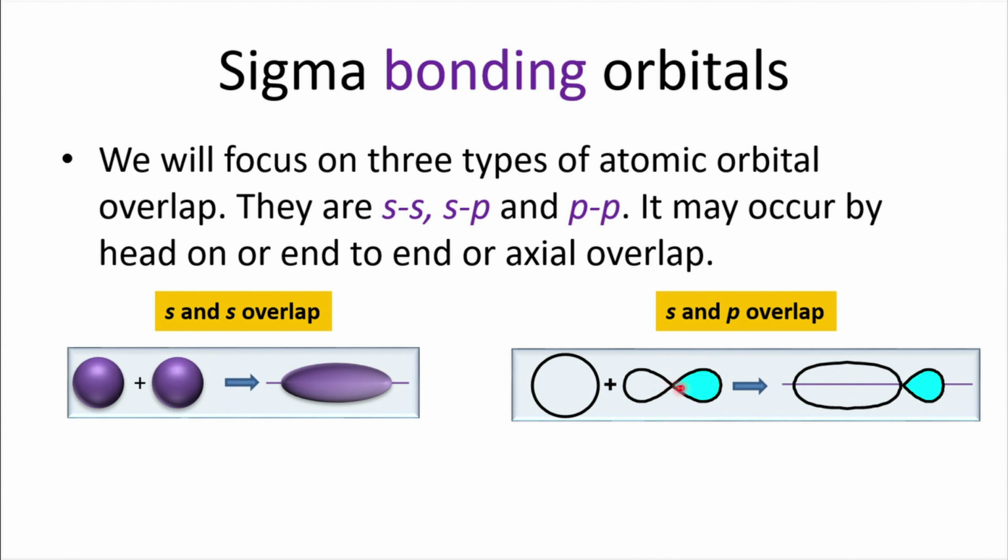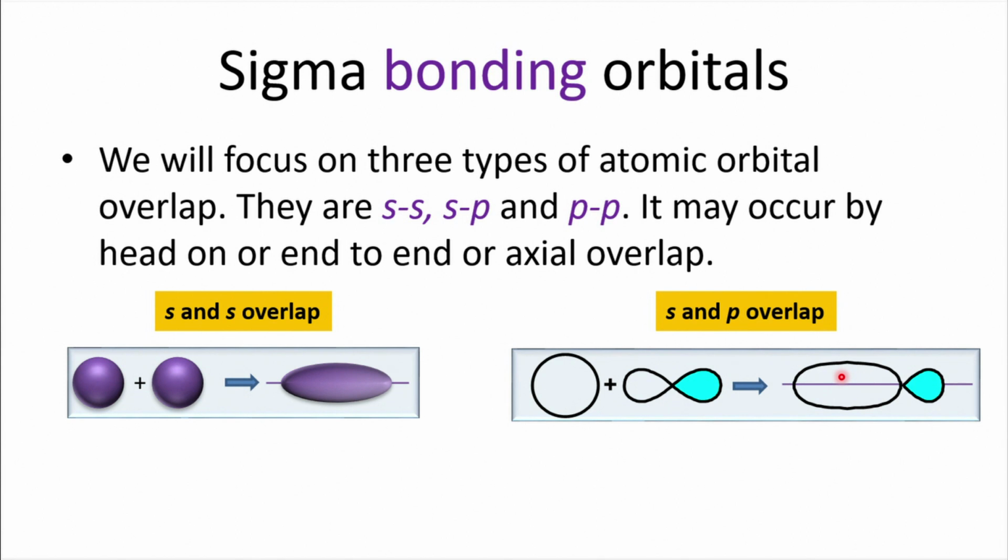It is shown here. The S and P orbitals combine together to form the sigma bonding orbital as shown here. When we talk about S and P overlap, we have to pay attention to the bonding or reference axis, because there are three types of degenerate P orbitals, orthogonal or perpendicular to each other, out of which only one interaction leads to sigma bonding and the other two are non-bonding interactions.